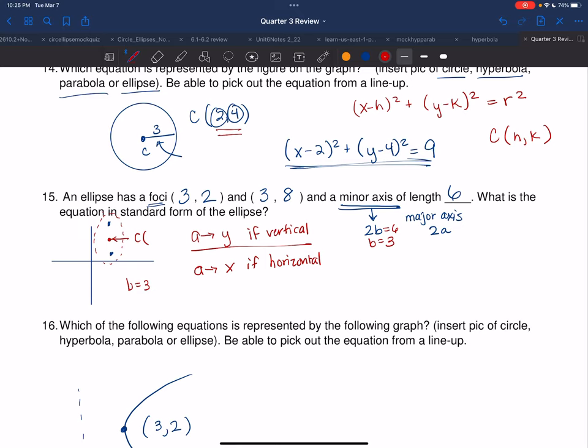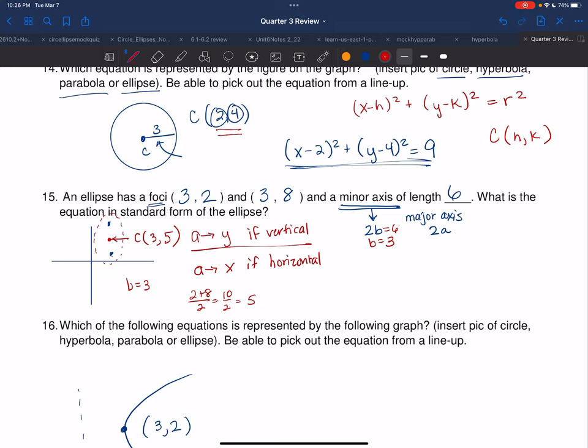And so that is 3 over, because it's on the same plane as my foci, and it's going to be the midpoint between 2 and 8. So the way I handle that is (2 plus 8) divided by 2 is 10 over 2, which is 5. So that is my midpoint between 2 and 8. I use the midpoint formula. That's what I did there.